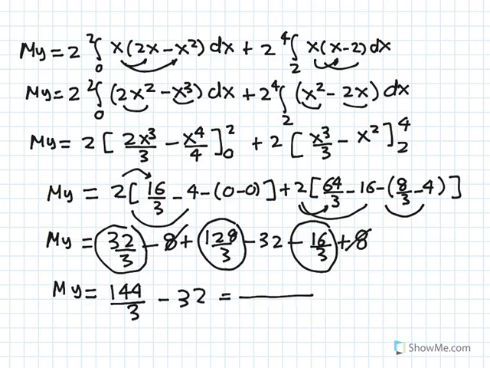So taking common denominator, that's 3. 3 goes into 3 one time, we get 144. And 1 goes into 3 times 32, and we get 96. 144 minus 96, what does that give us? That gives us 48. 48 divided by 3, nice even number, this is equal to 16. That's the moment with respect to the y-axis.